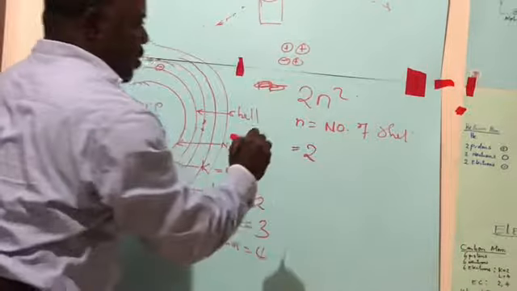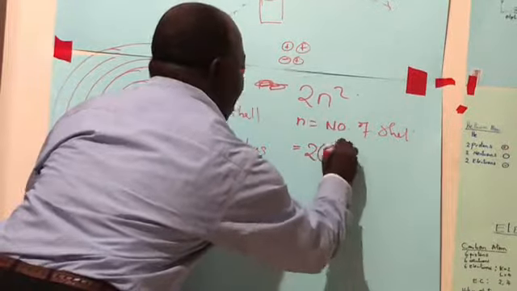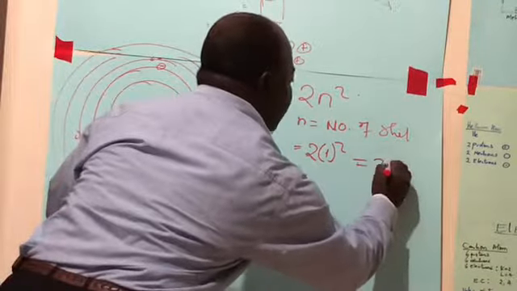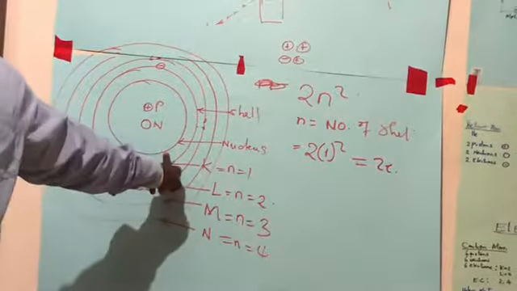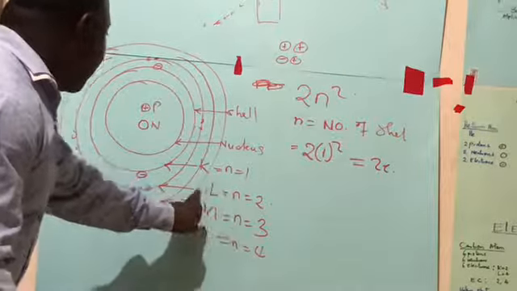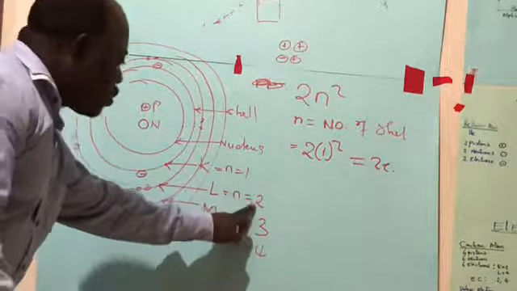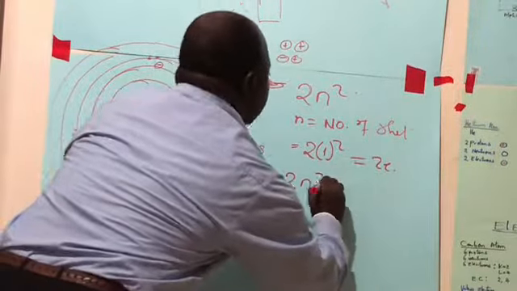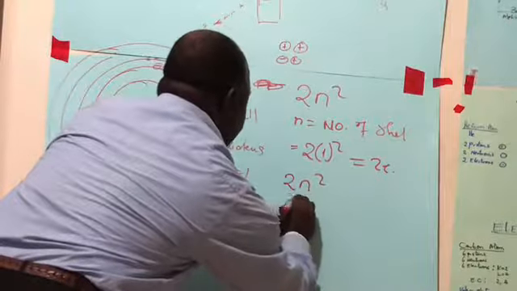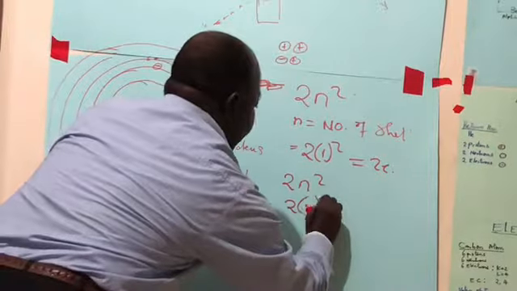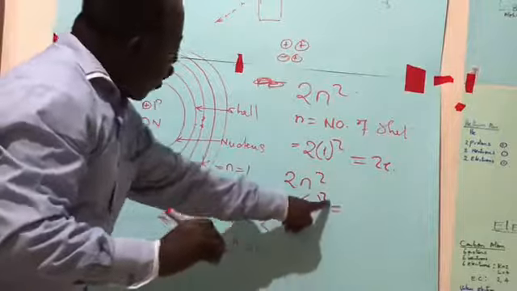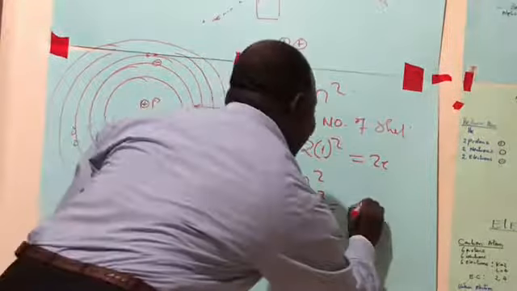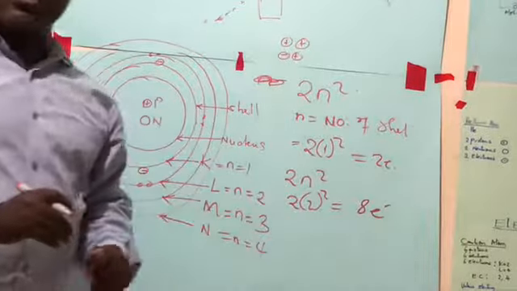It will be 2 times 1 squared, which is 2. So 2 electrons are supposed to be in the first shell. The second shell, which is L, with n equals 2, is 2n squared. If we replace n by 2, then 2 squared is 4, and 4 times 2 is 8. So there are 8 electrons in the second shell.